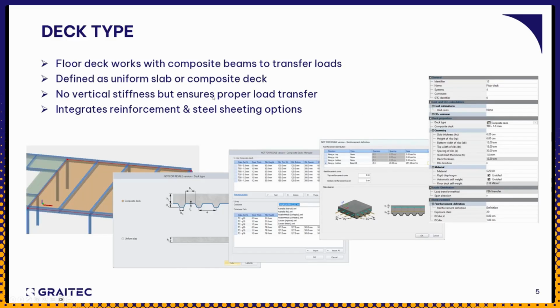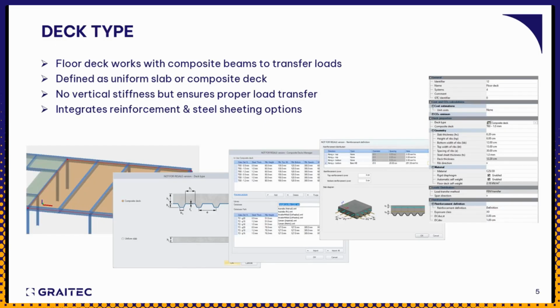So the floor deck that you will define will work with composite beams to transfer the loads. It can be defined, as I mentioned, as a uniform slab or composite deck. There is no vertical stiffness, but we will make sure that the loads are being transferred through your slab to the composite beams. So the slab has two usages here.